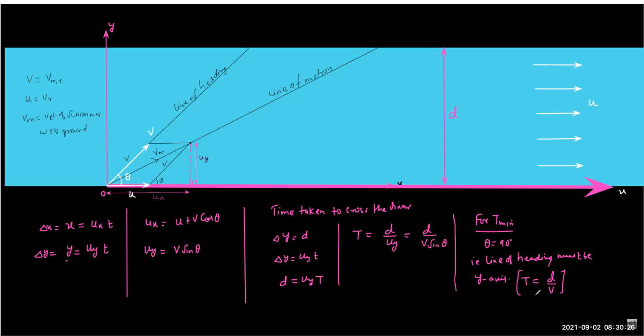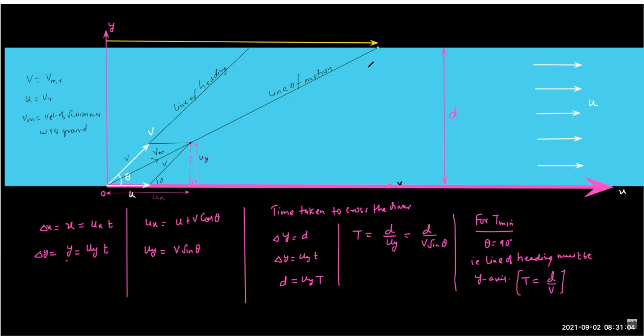So now this is called the line of heading. Now, when you cross the river, will you be on the opposite bank or somewhere drifted away from the opposite bank? So we can see clearly that when we cross the river, we are not as expected. We are not here. We are somewhere here actually. When you reach the opposite bank, you will find yourself here because that is the line of motion deciding.